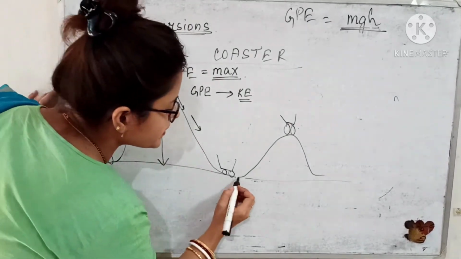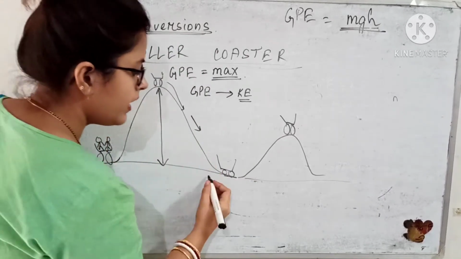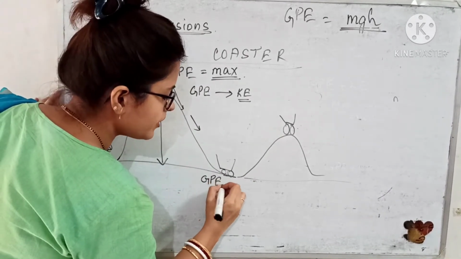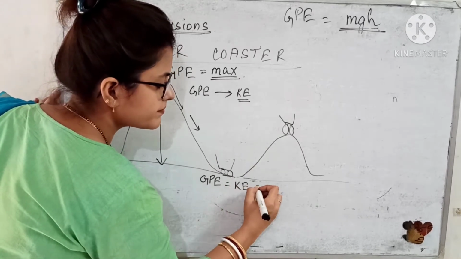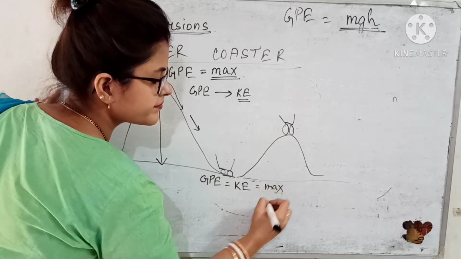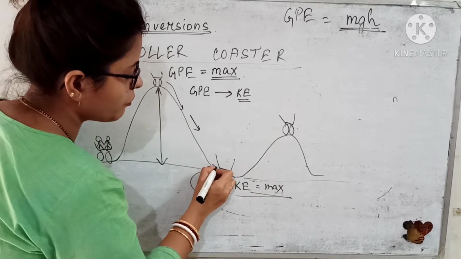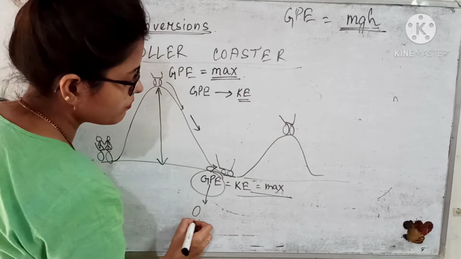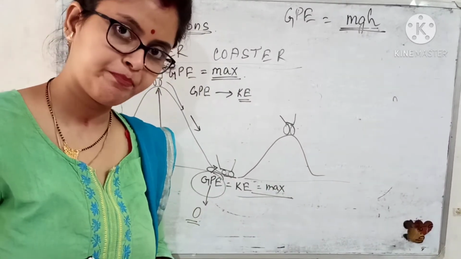So at this particular place, at this valley, what happens? The full of the gravitational potential energy gets converted to kinetic energy. But the gravitational potential energy over here becomes zero because it has got no height. It has lost its raised height.